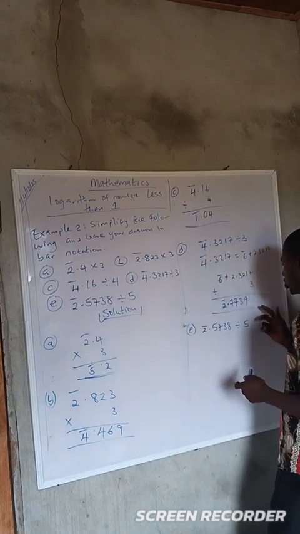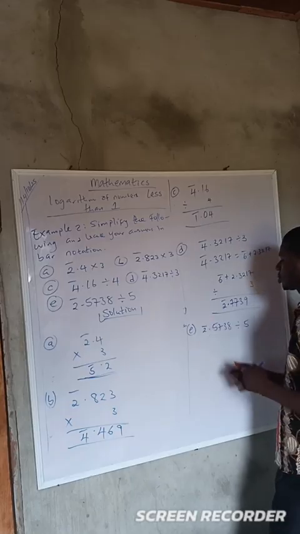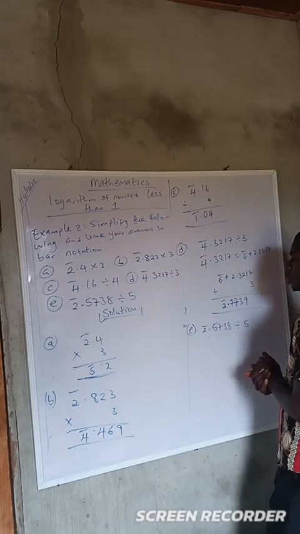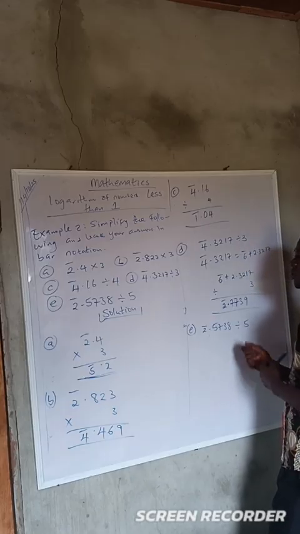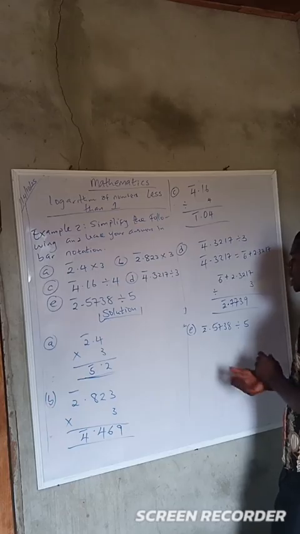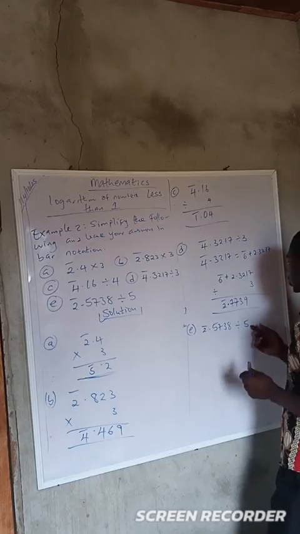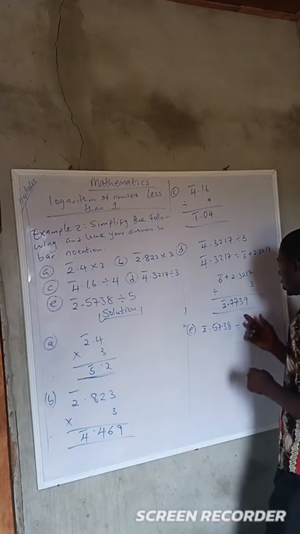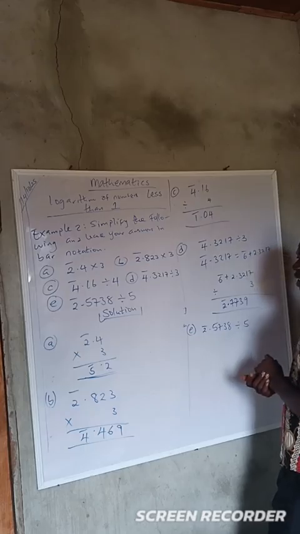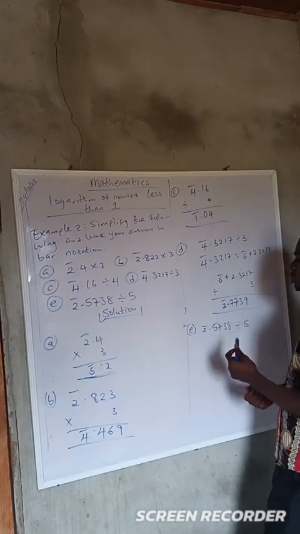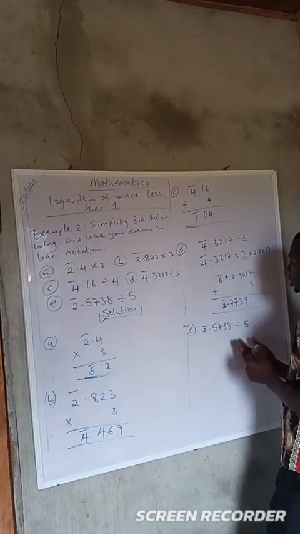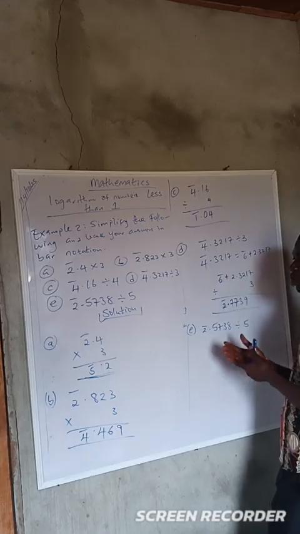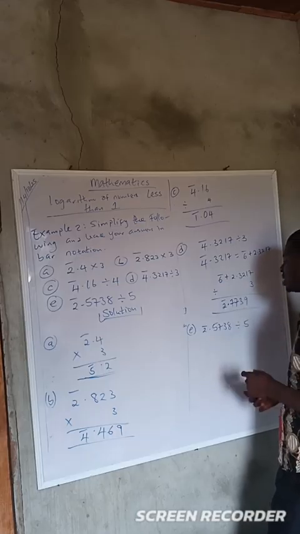We have to think of multiples of 5 that will be more than this 2, but the lowest of all the multiples that will be more than this 2. So we can just pick 5 directly. There's no need of picking 10 because it will not be useful. Among all the multiples of 5 that are greater than 2, the smallest one of all is 5 itself.